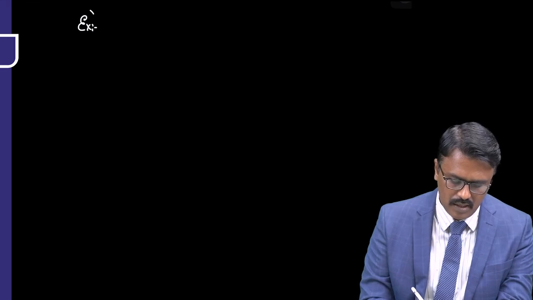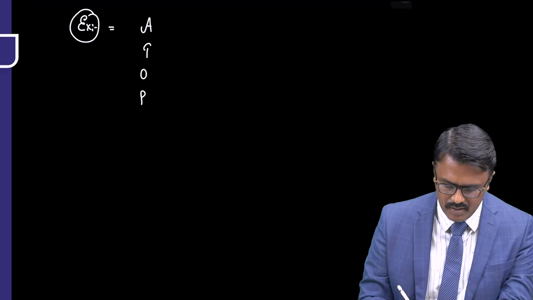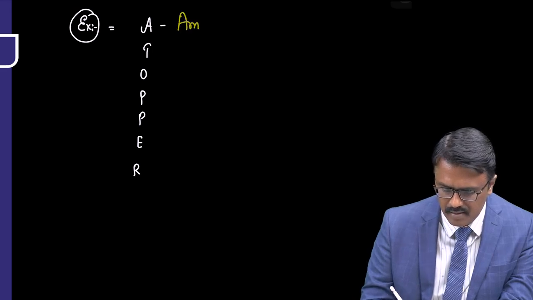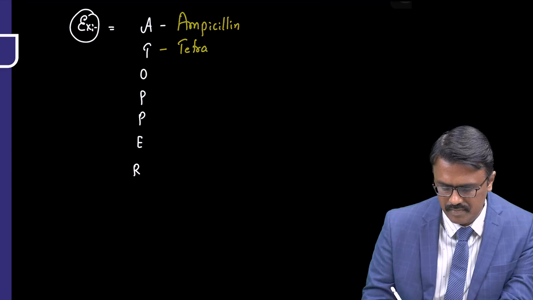Now, sir, what are the drugs which undergo this? What are the examples of drugs which undergo enterohepatic recycling? You can remember a mnemonic: A TOPPER. What is A for? A for ampicillin. T for another antimicrobial, tetracyclines.